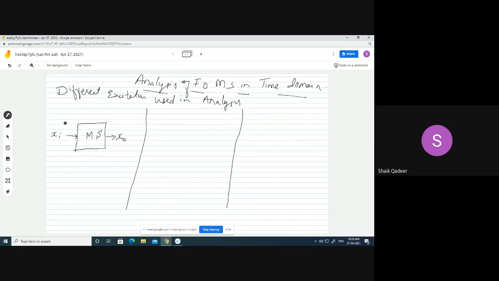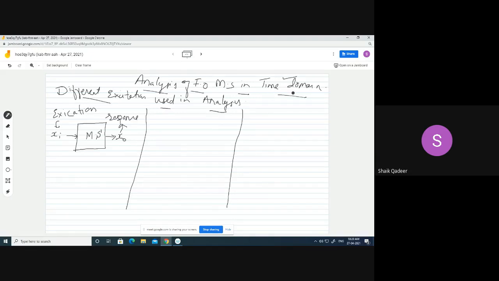Applying input is called excitation. Measuring output, the response to the excitation, is termed as response. Let us first cover what are the different excitations we may have in this domain.